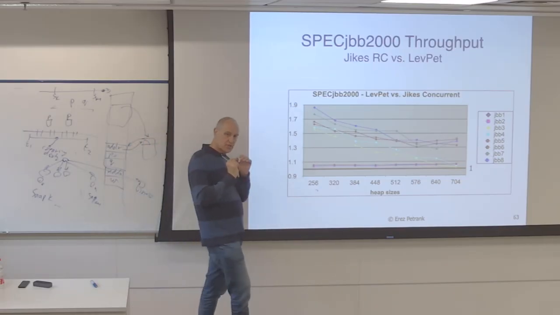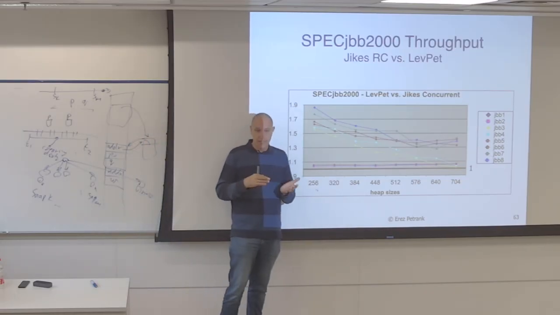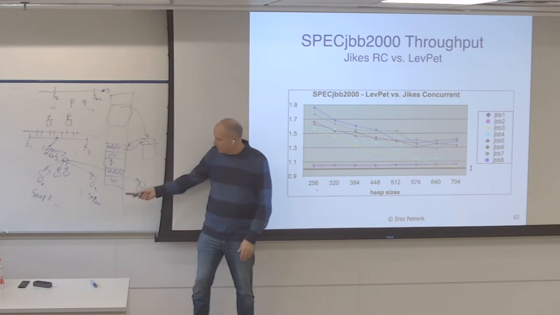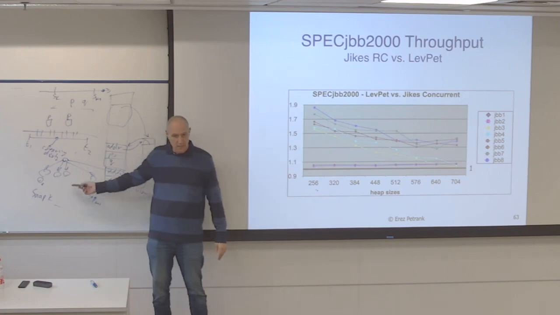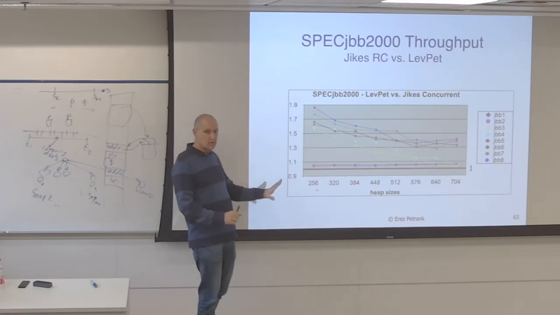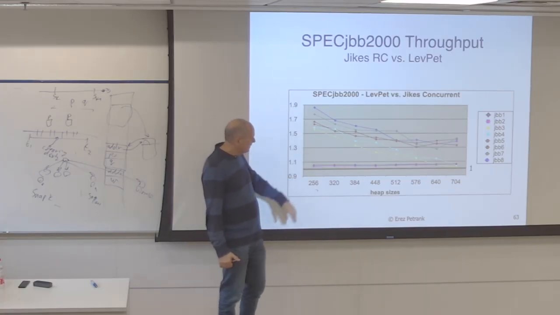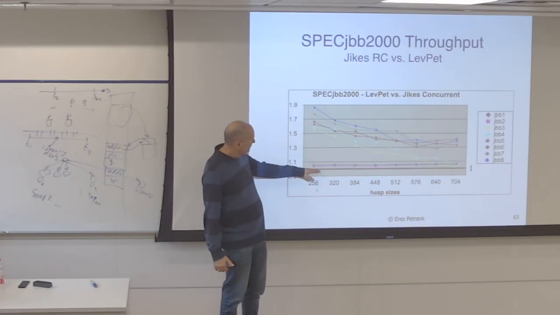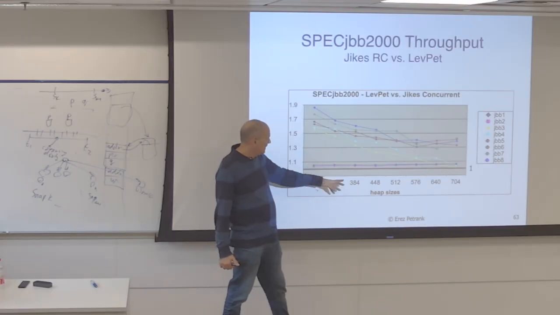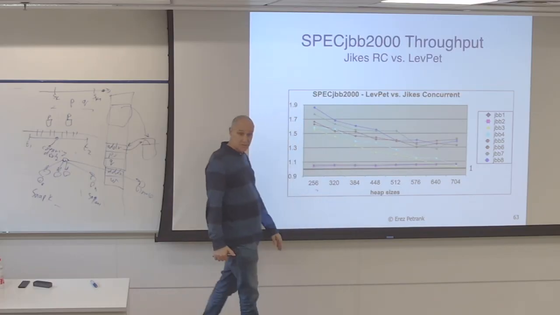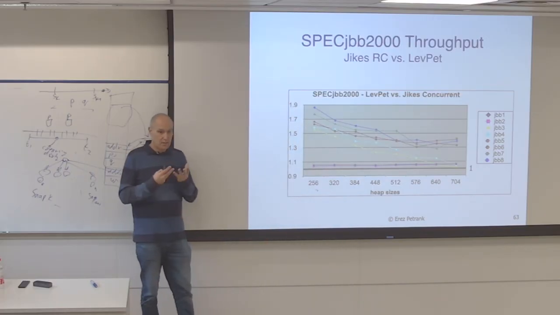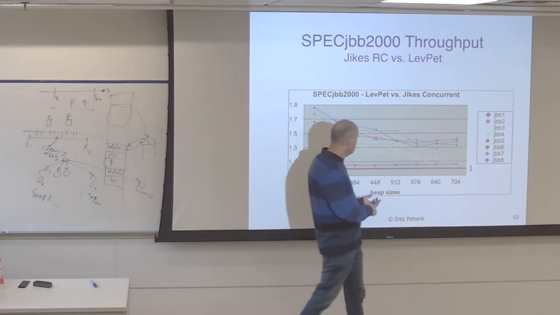Just before update coalescing was found, this method of coalescing all the reference count updates, this collector was the state of the art. And what you can see is that it took maybe 50% more time than Yossi's collector.